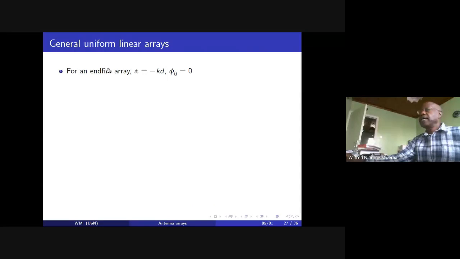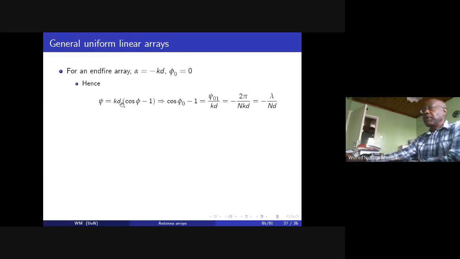For an end-fire array, we saw that alpha has to be given by minus kd, and therefore phi naught is going to be equal to 0. In this case, psi is given by kd multiplied by the cosine of phi minus 1, giving us a value of cosine of phi naught 1 minus 1 equal to psi naught 1 by kd, or a value of minus lambda by nd.